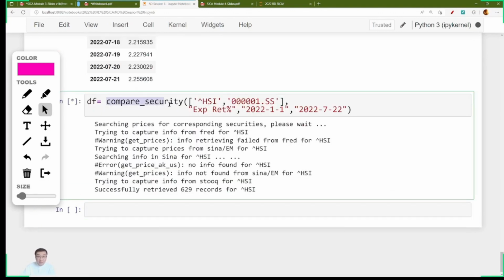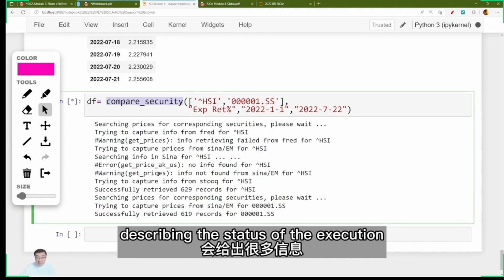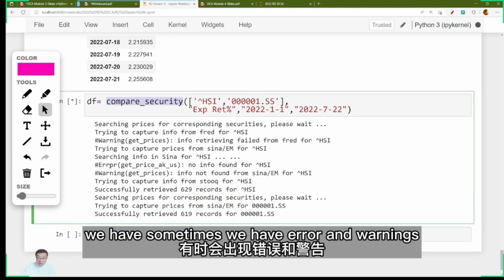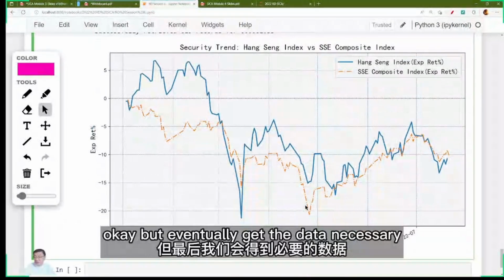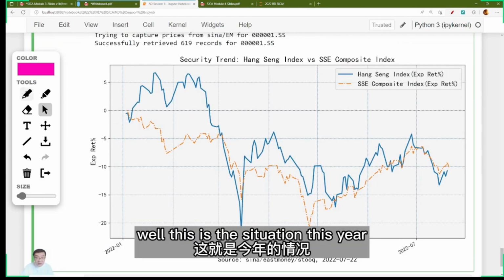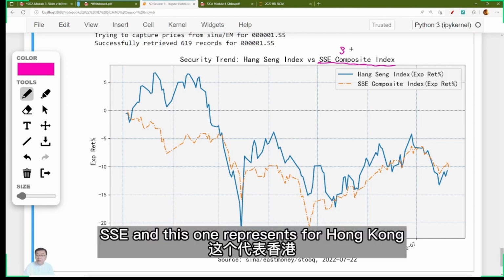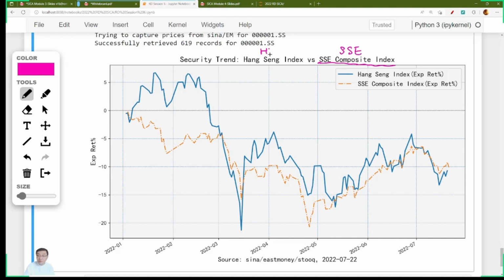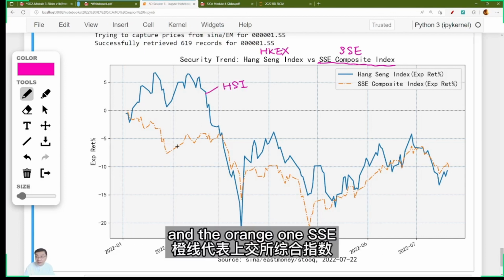Sometimes this command provides lots of information describing the status of the execution. Sometimes we have errors and we have warnings. Okay, but eventually it gets the data necessary. Well, this is the situation this year. This one represents SSE and this one represents Hong Kong. The blue solid line is Hang Seng Index and the orange one is SSE.